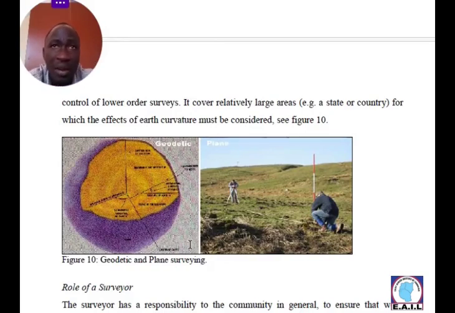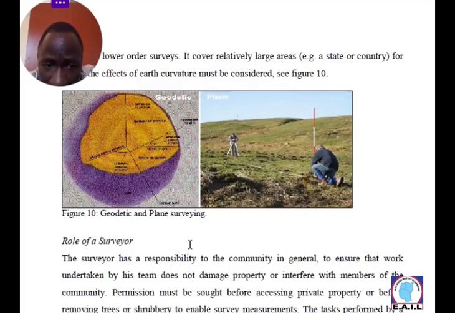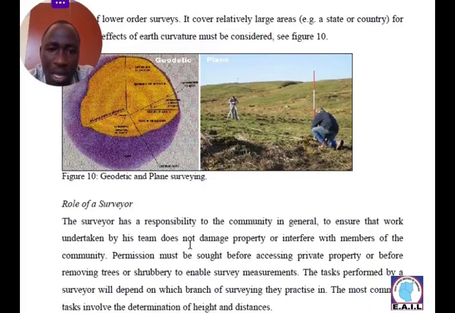Then the next illustration shows people putting up different measuring instruments, trying to establish distances. You are seeing two people, one on either side, and a meter level in the middle. That means these people are trying to measure the distance.